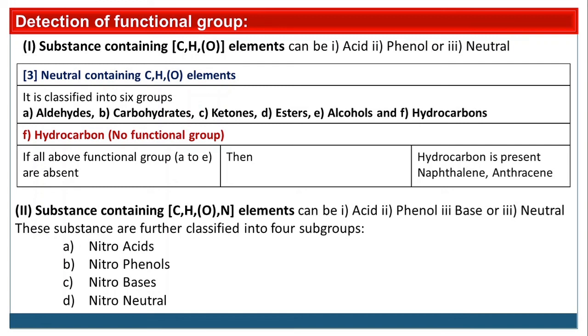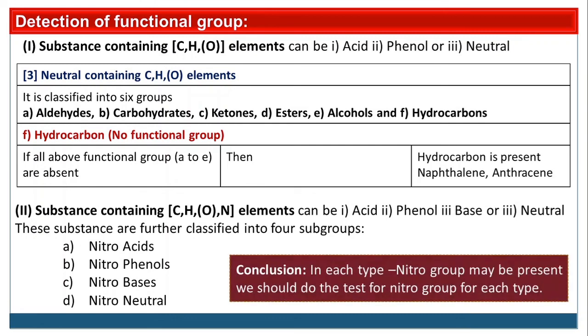It means that in each type of compound you have to perform the functional group test for the nitro group. So nitro group प्रत्येक टाइप मध्ये तुम्हाला घ्यायचीच आहे, कारण नायट्रोजन आहे म्हणजे नायट्रो असू शकतो, राइट. This we will see in the next lecture.